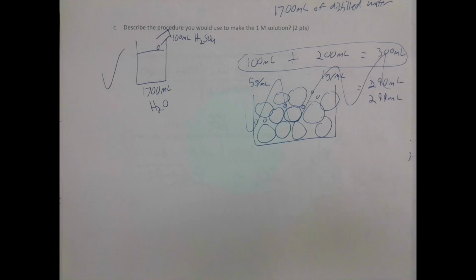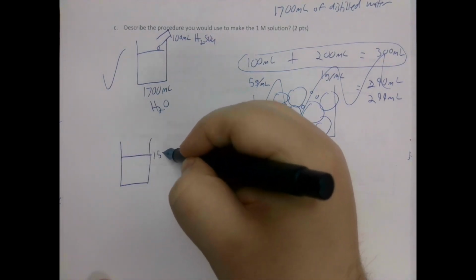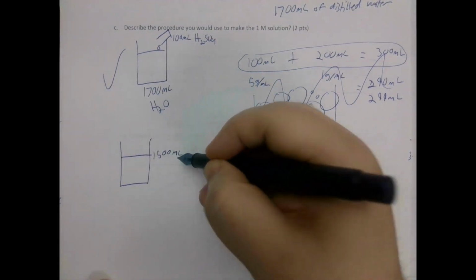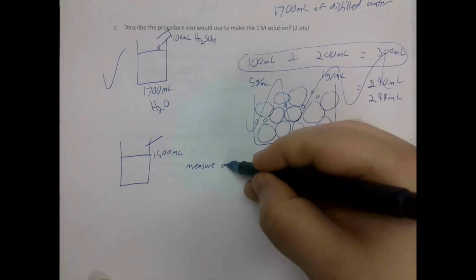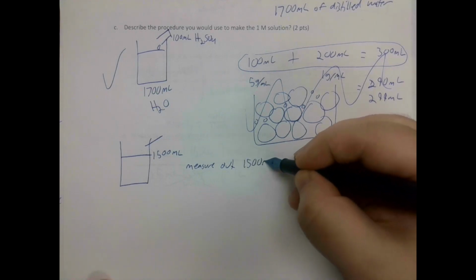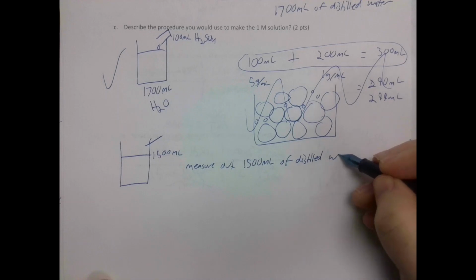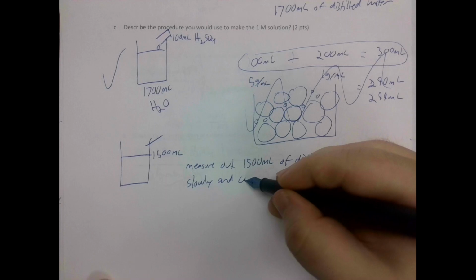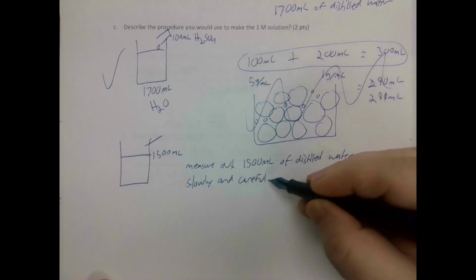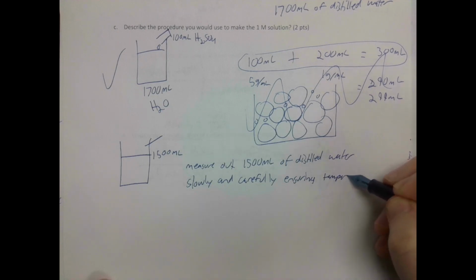The fully accurate method, that doesn't even need to account for this, is to measure out 1,500 milliliters, we slowly measure out 115 milliliters of distilled water. Slowly and carefully, ensuring temperature.